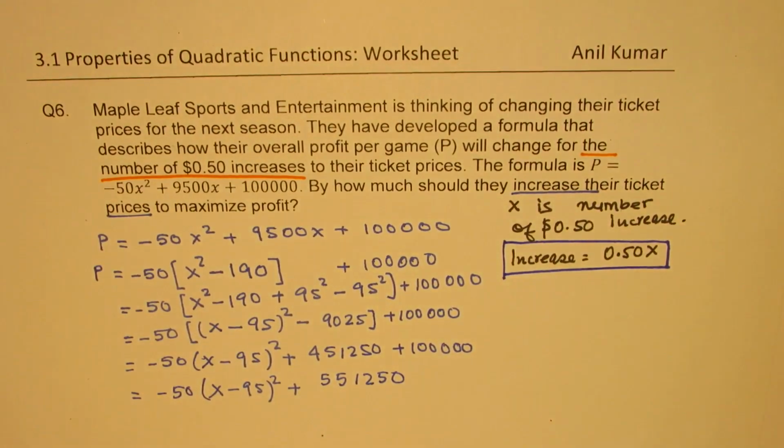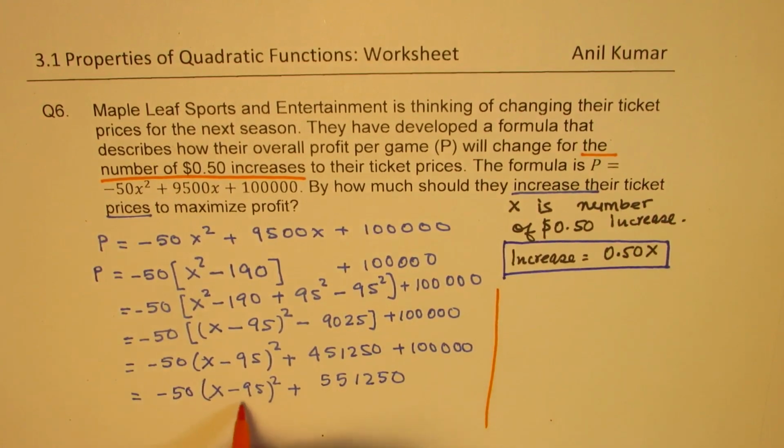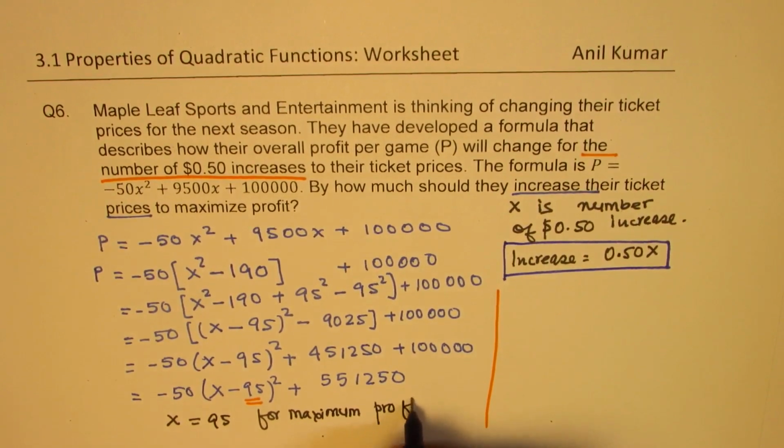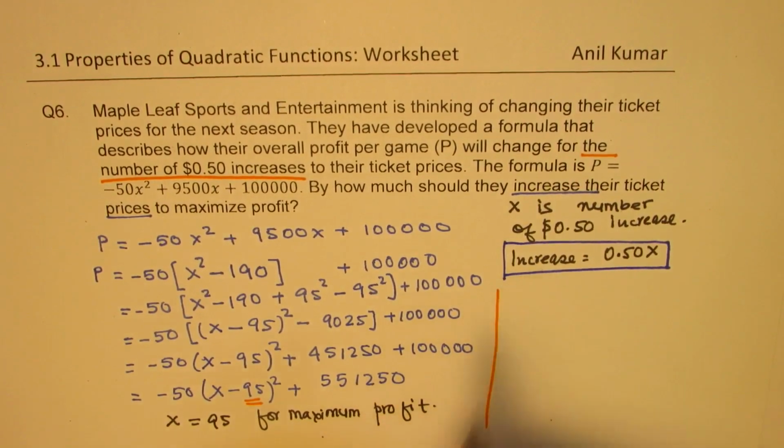Correct. Now we can write down the answer. So clearly it is 95 which will maximize. So to maximize, we have x equals 95 for maximum profit.